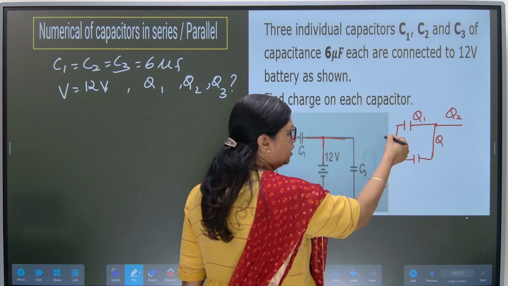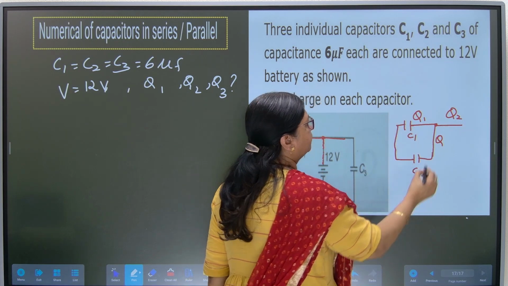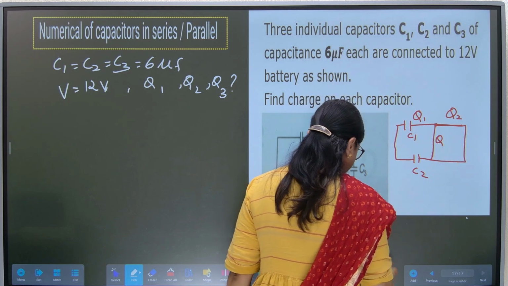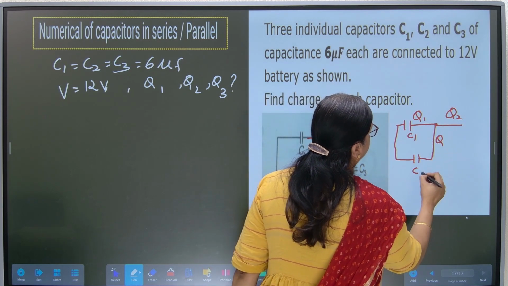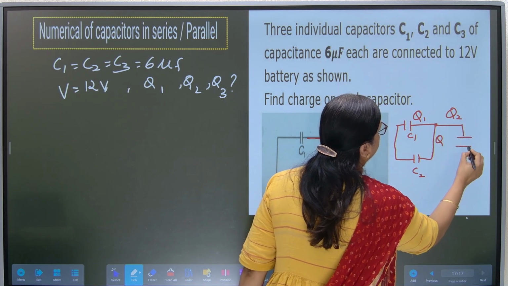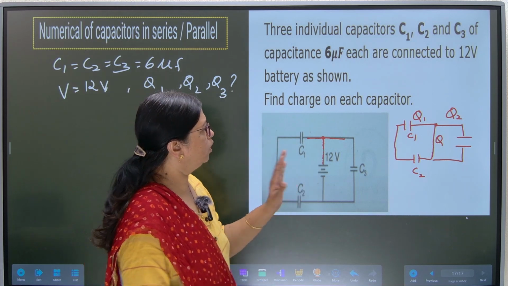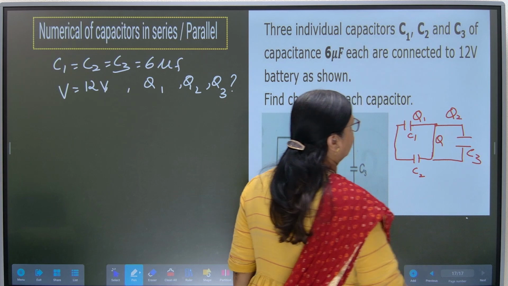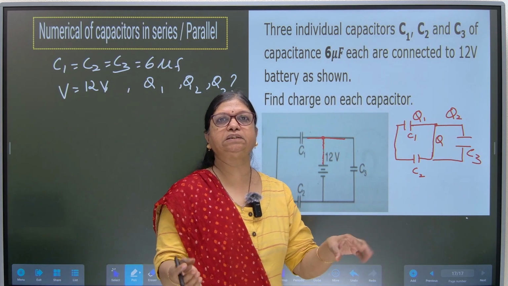As you can see, Q1 is passing through both C1 and C2. This branch will have a charge of Q2. Fine. Okay. So our doubt is clear which combination is in parallel, which combination is in series.